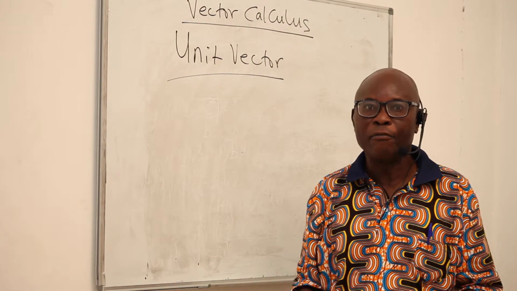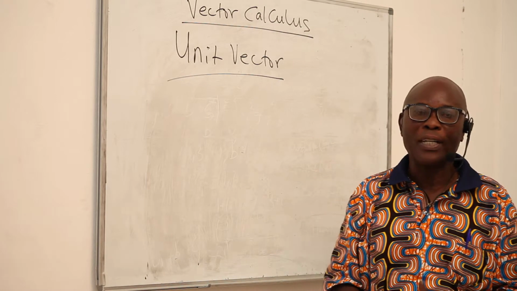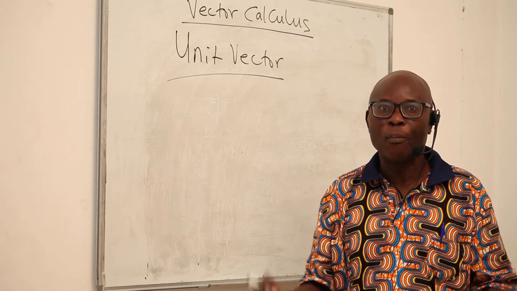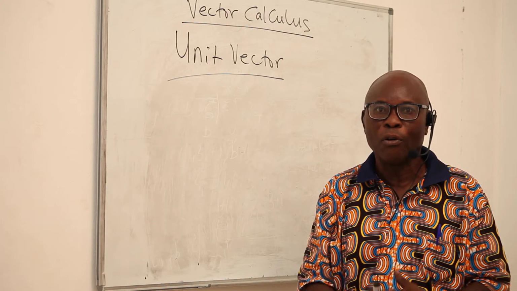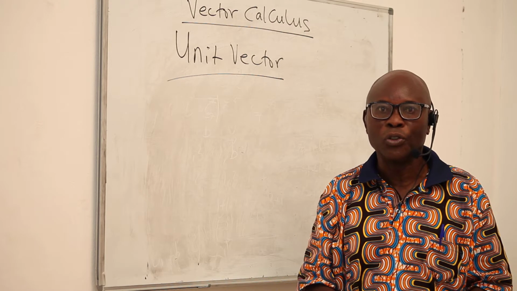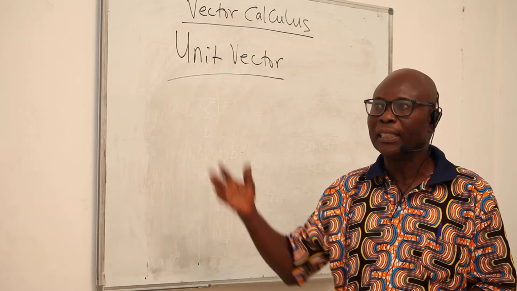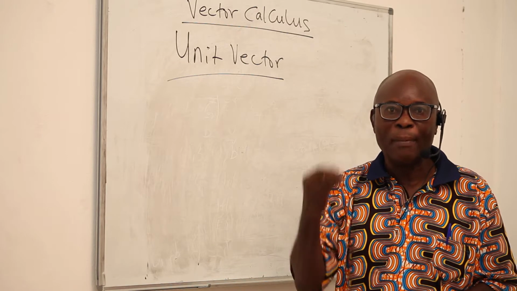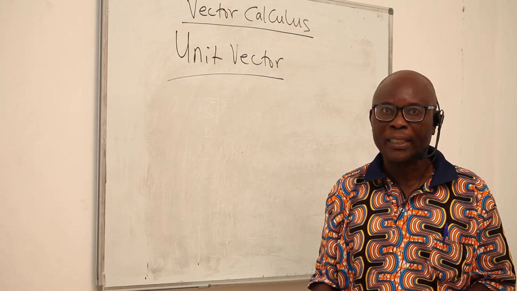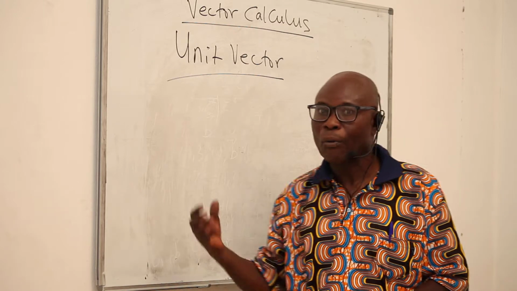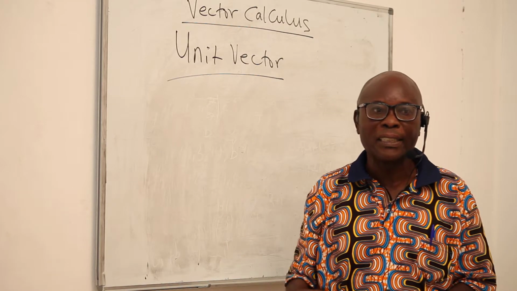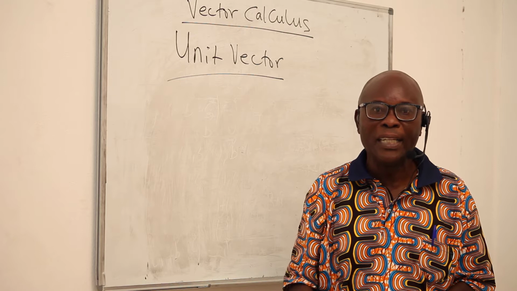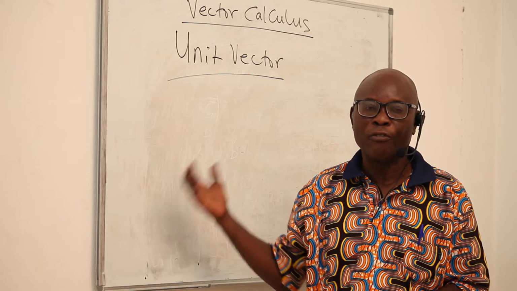The earlier videos derived the formula for calculating the magnitude of a vector. For a unit vector, the magnitude is 1. Unit vectors have a unique place in the study of vectors.